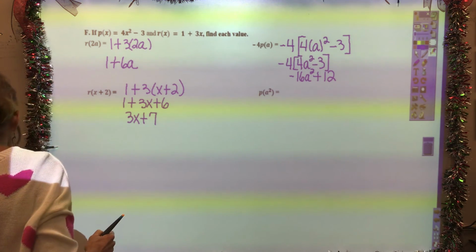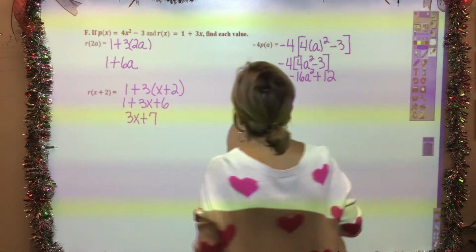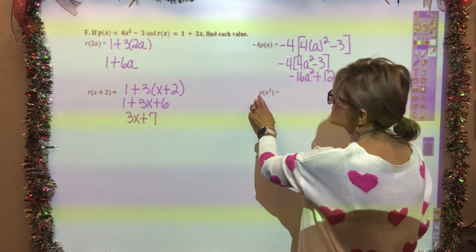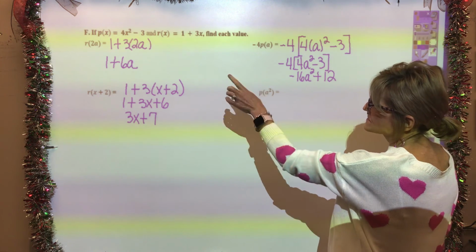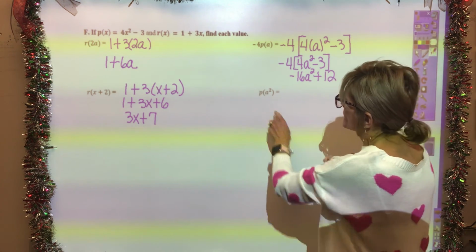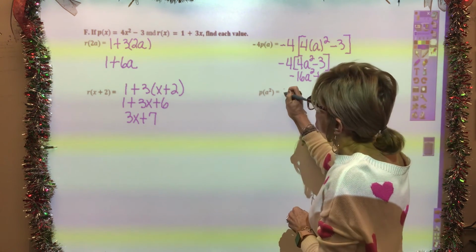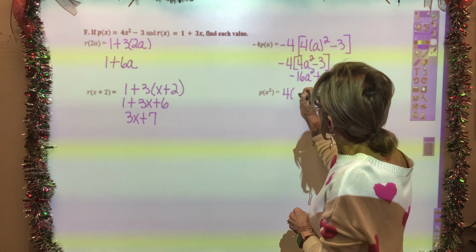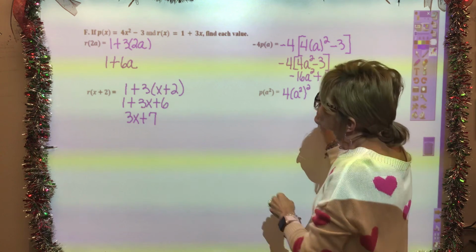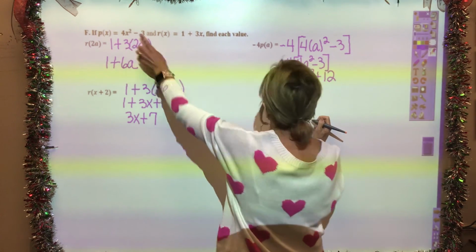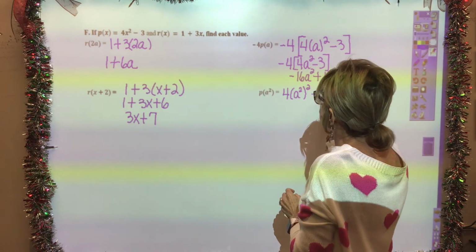Okay, and then on our last one, finally, what we're going to do is use the p function, and we're going to replace the x, just the x, with an a squared. So it will look like this: 4 parenthesis a squared squared, because there's a squared out here, minus 3.